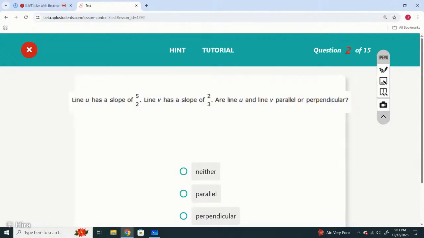The lines are neither parallel nor perpendicular, because if two lines are parallel, their slopes are exactly equal, and if they are perpendicular, their slopes are negative reciprocals. So that means they are neither parallel nor perpendicular.